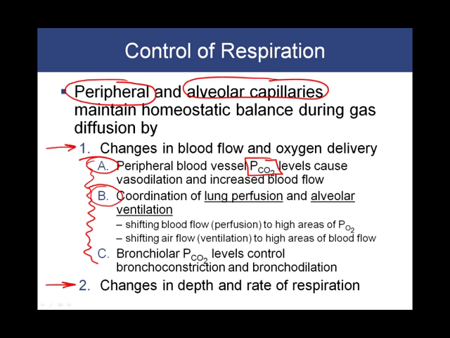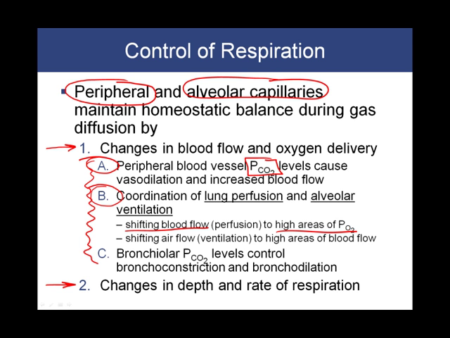If there's an area with a lot of airflow but very little blood flow or no blood flow, will we be able to diffuse gases efficiently? No, we won't. So the lungs try to shift the blood flow, the perfusion, to match areas where there's a lot of airflow.